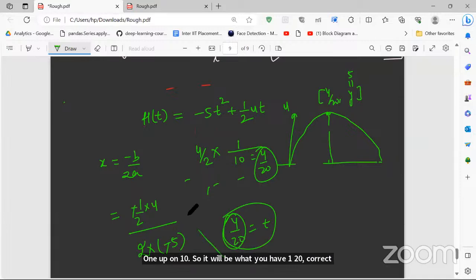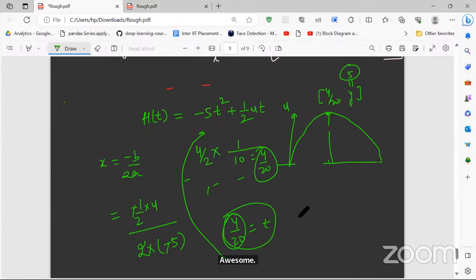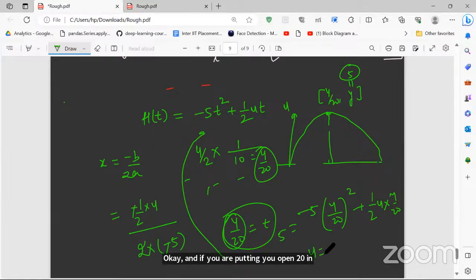If you put u upon 20 in this equation, you should get 5: minus 5 into u by 20 whole square plus half u into u upon 20. Equate it to 5 and you'll get the value of u. So you have two values.